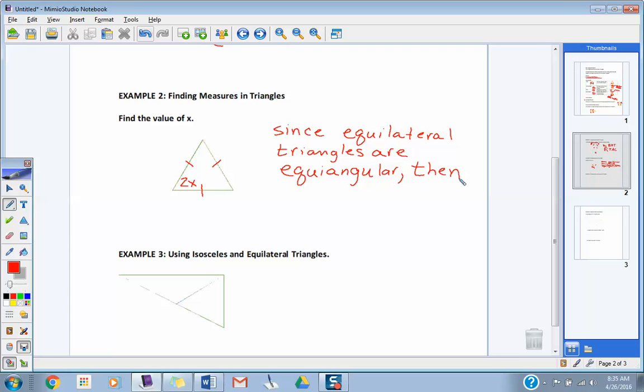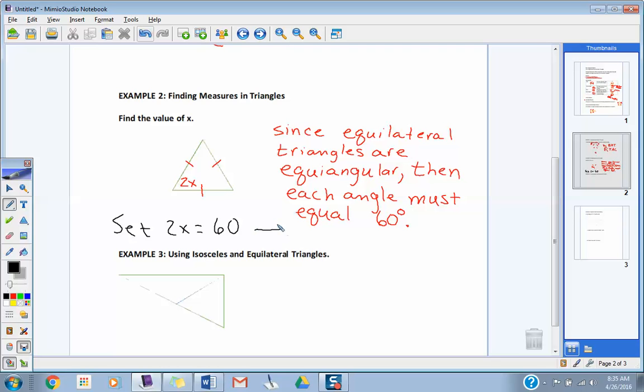Then each angle must equal 60 degrees, right? So that being said, we can take the 2x and set it equal to what value, guys? Set 2x equal to what? 60.